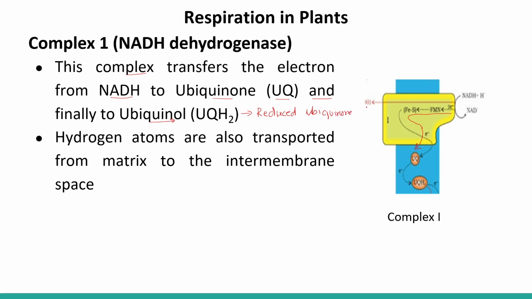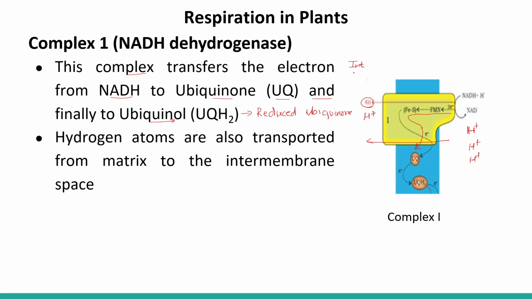You can also see there is simultaneous transfer of hydrogen ions. Hydrogen ions were initially present here. There was a high concentration of hydrogen ions here. If there is a high concentration of hydrogen ions, the pH will be low here. So these hydrogen ions are also transferred to the intermembrane space.